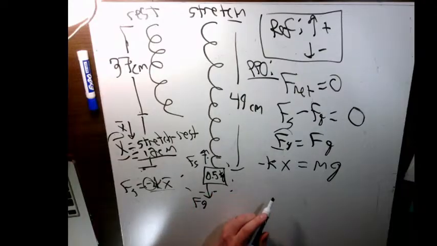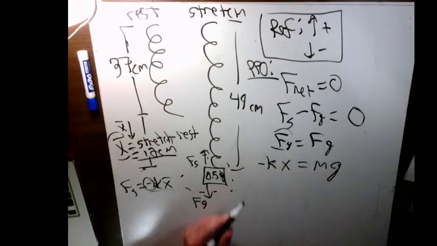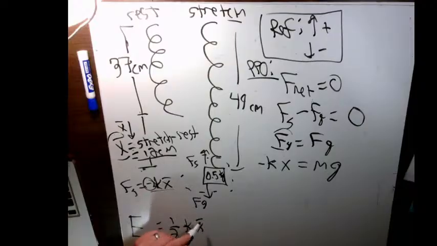So we know x, we know m, we know g. In order to solve for our elastic potential energy, we need half of kx squared. We already know x, we're looking for k. So we're going to solve this for k.